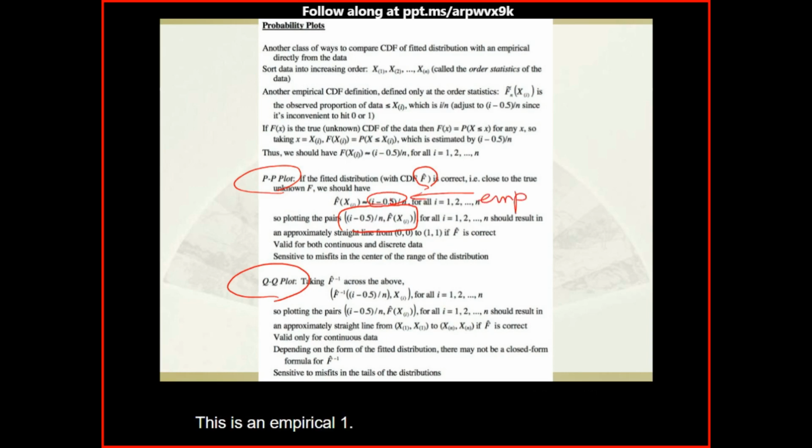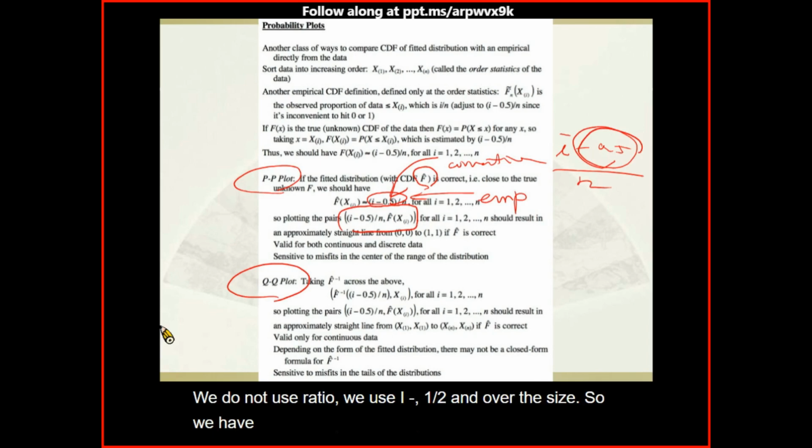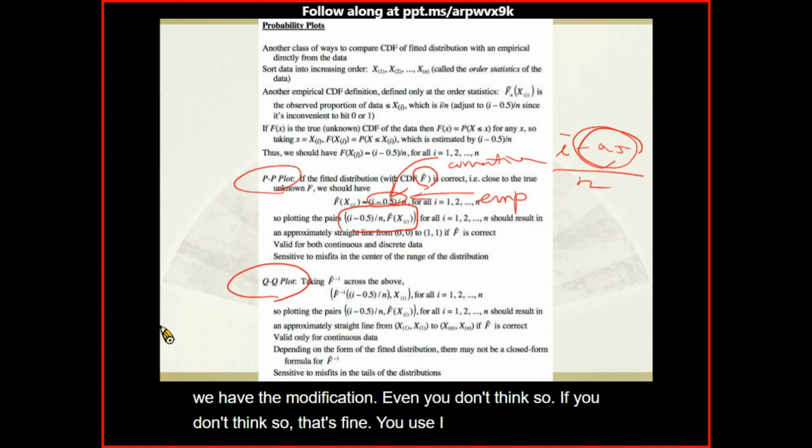But for the empirical one, we have a correction. We do not use the ratio; we use i minus a half over the size. So we have the modification. If you don't think so, that's fine, you use i over n.